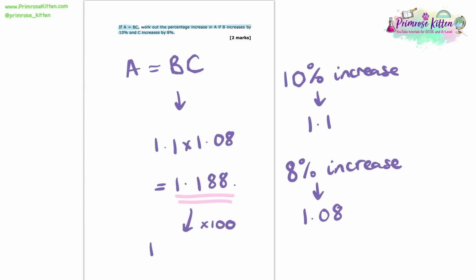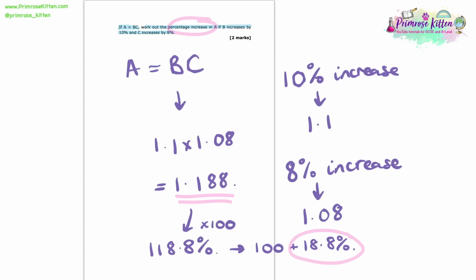If we times this through by 100, we have 118.8%. That's how much it is compared to its original value of A. And the original value would have been 100%, wouldn't it? So to be now 118.8% of the original value, it was the 100 plus an increase of 18.8%. So our answer to this question, the percentage increase in A, is 18.8%.